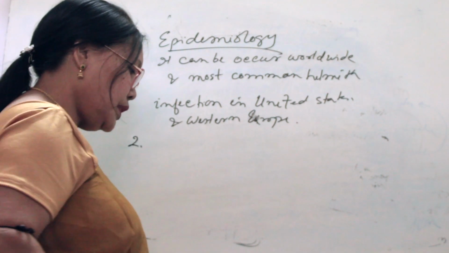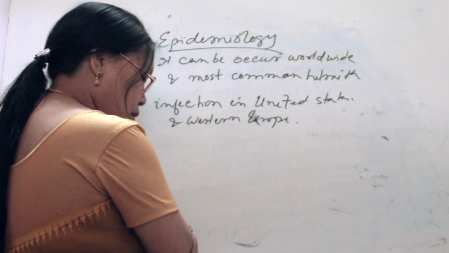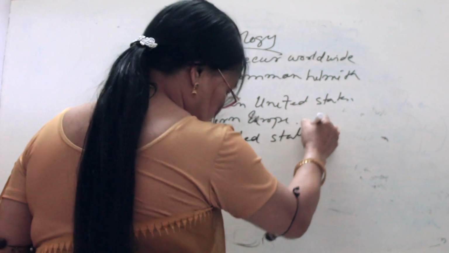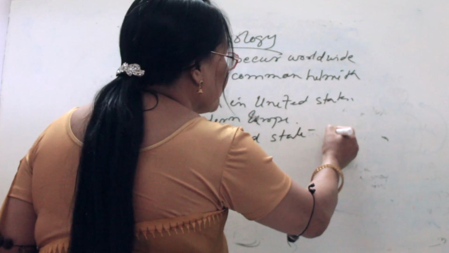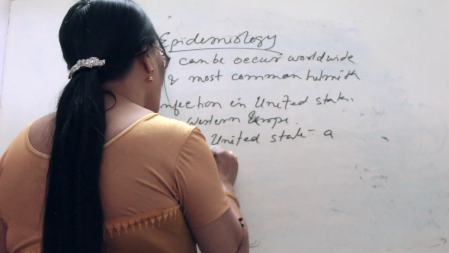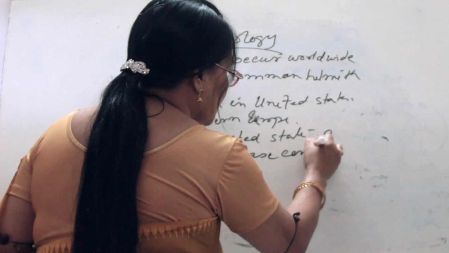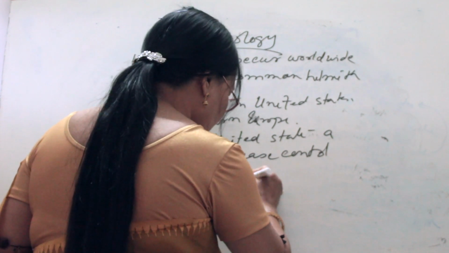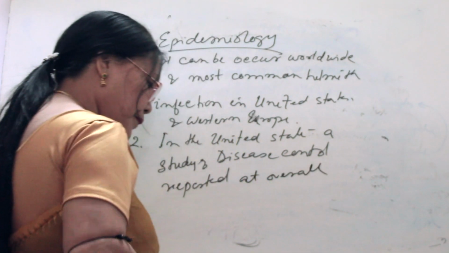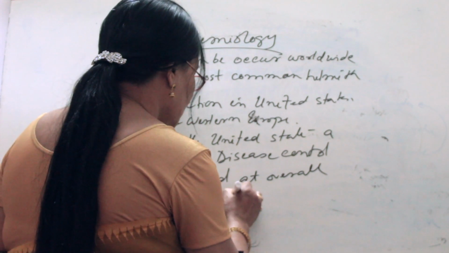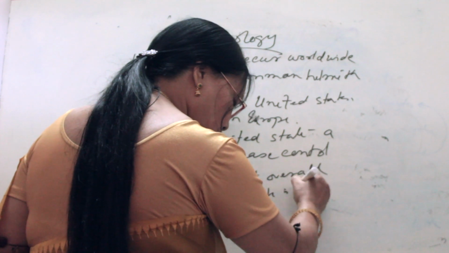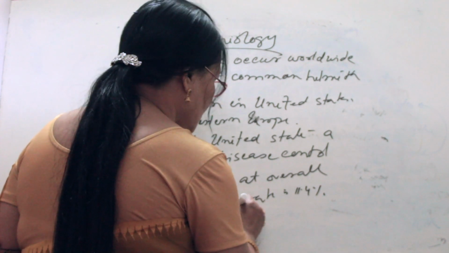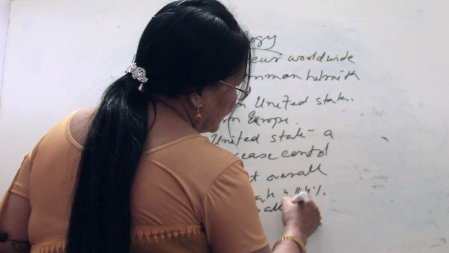Point number 2: in the United States, a study of disease control reported that the overall incidence rate is 11.4% among people of all ages.